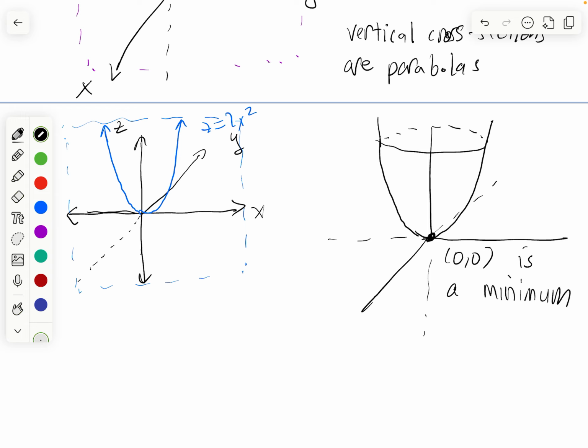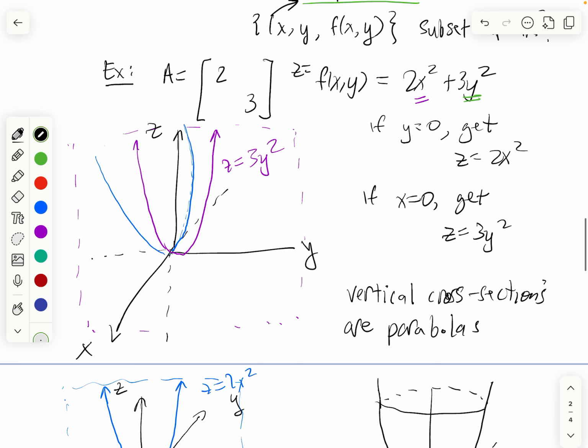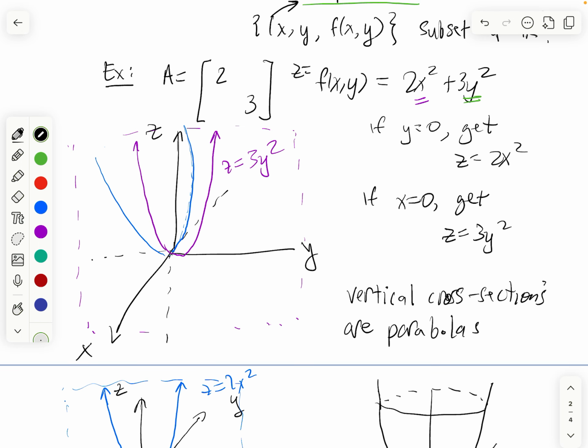It's a minimum of the graph of this function. That's in the case where A is this matrix, 2, 3.